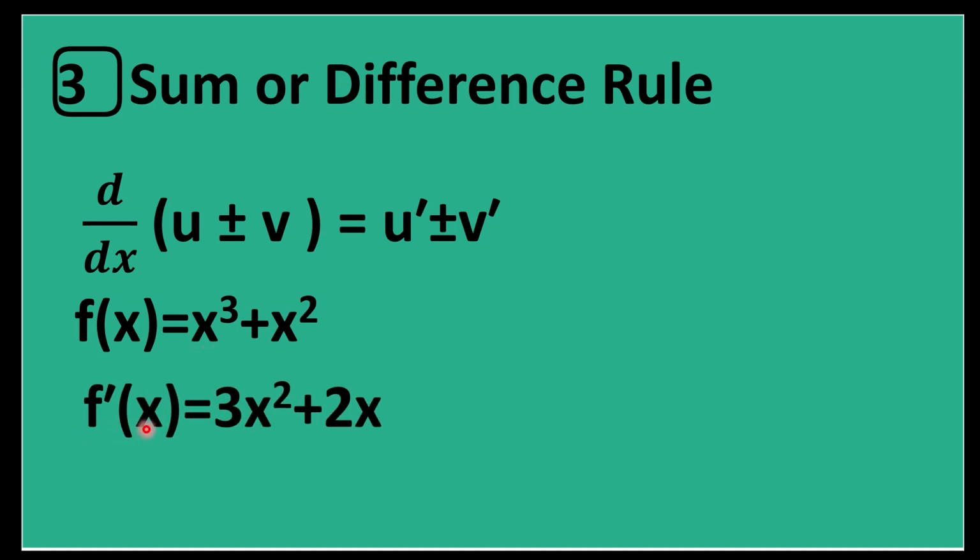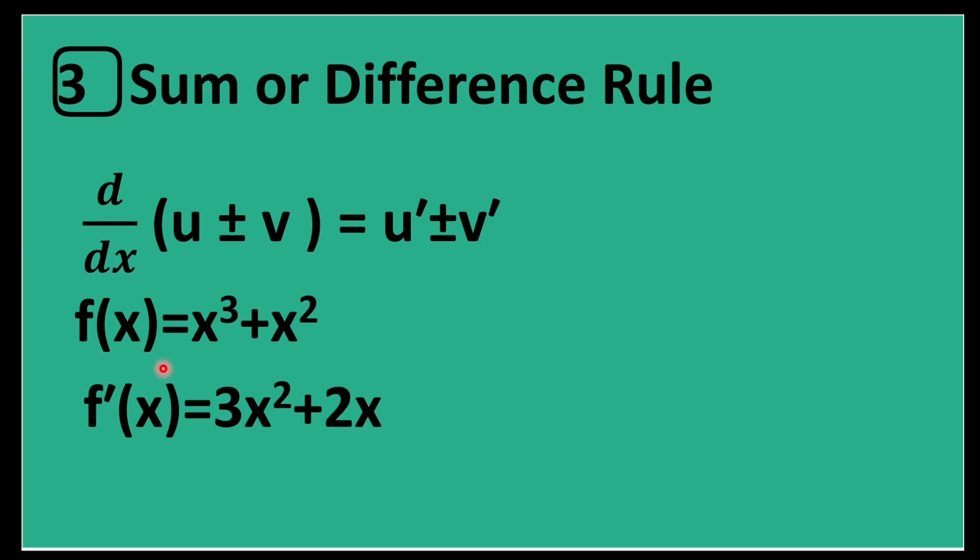First we will differentiate this, so the 3 will come in place of coefficient, and then we will subtract 1 from this. So 3 minus 1 equal to 2, so this will become 3x square. Similarly here the 2 will come in place of coefficient, and then we will subtract 1 from this 2. So 2 minus 1 equal to 1, and in general we do not write power 1 on any variable. So this is equal to 2x.